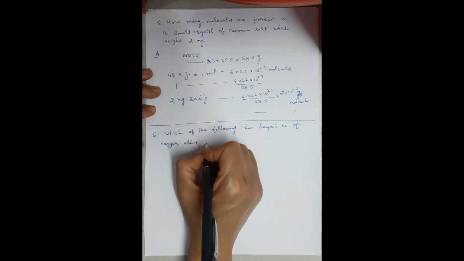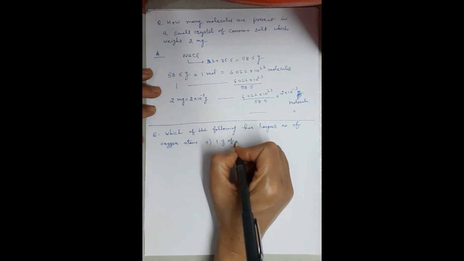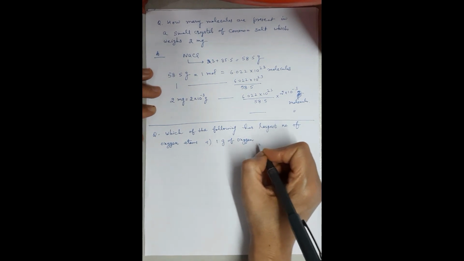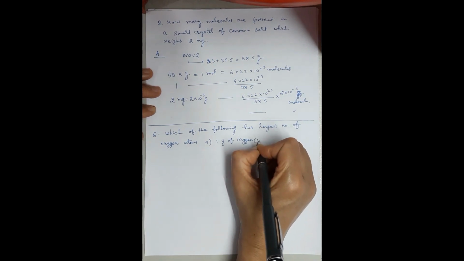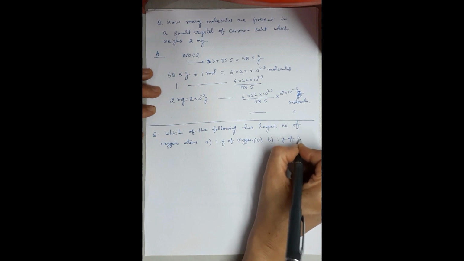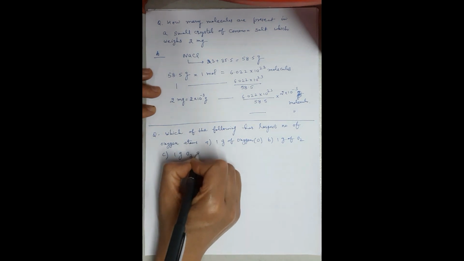And what are the 3 parts? First part is 1 gram of oxygen, which means they are talking about single O. B is 1 gram of O2 gas, and third is 1 gram of ozone gas.